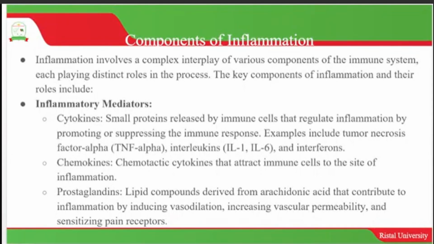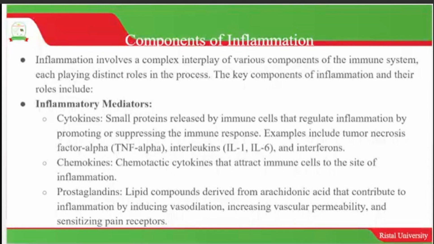So what are cytokines? Cytokines are small proteins released by immune cells that regulate inflammation by promoting or suppressing the immune response. So when the immune system aggressively responds to the invader or to the triggering factor, the inflammatory mediators called cytokines are there to suppress.